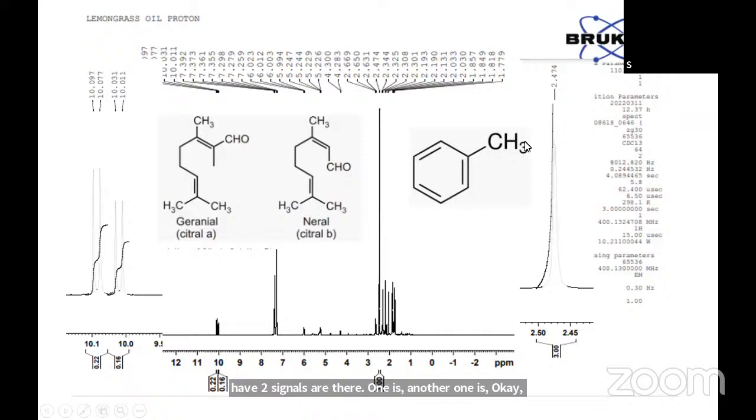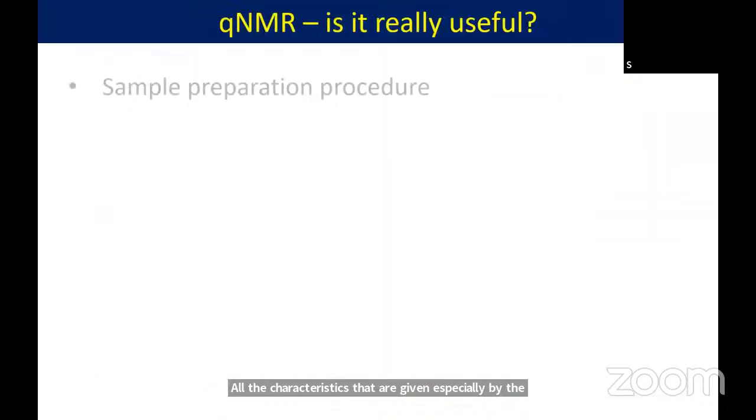Here we used toluene as the internal standard. So it gives us freedom to choose internal standards, provided the internal standard qualifies for all the characteristics given, especially by the regulatory agencies.